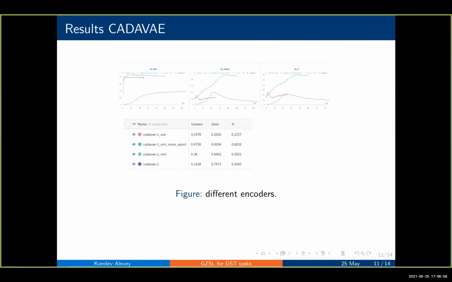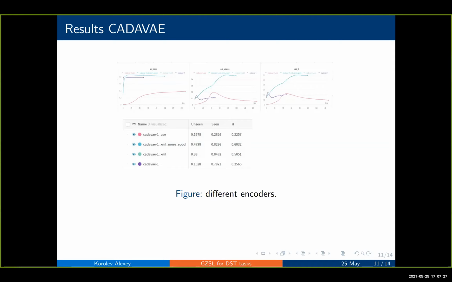Okay, here is the result of different encoders, and this is also quite interesting. We can see that if we use the XLM-RoBERTa encoder, it gives much better accuracy than RoBERTa or the Universal Sentence Encoder.